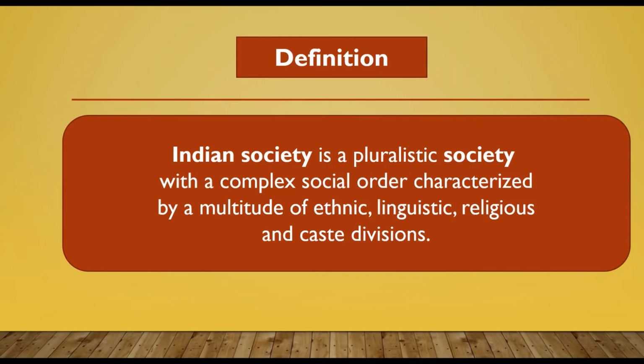There is no single language which is spoken by people. There are a number of languages, first thing, and there are different religious groups, caste groups, different cultures, festivals, dance forms, music forms. In each and everything there are a lot of varieties that make our society a complex social order.